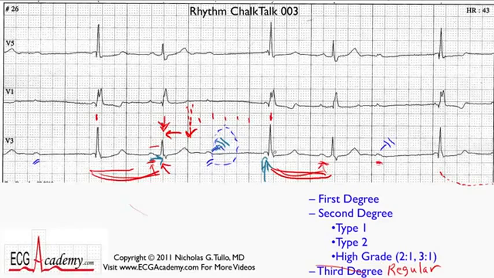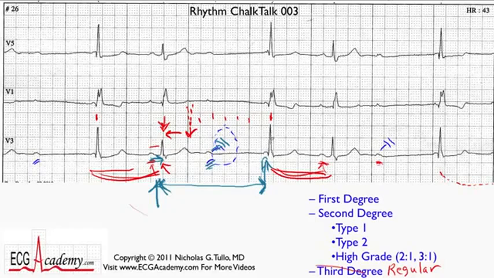Think of it this way. This patient's AV node is not working, right? So this beat was conducted okay, but when this beat blocked, you have this long interval where there are no heartbeats, and the ventricles start to say to themselves, we have to do something. We can't just let this person die.